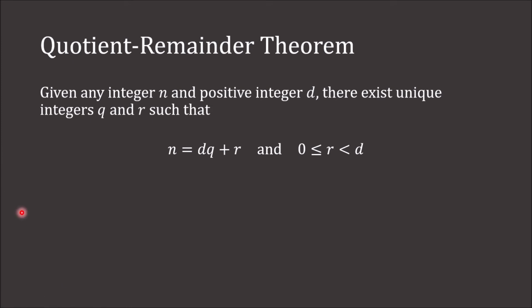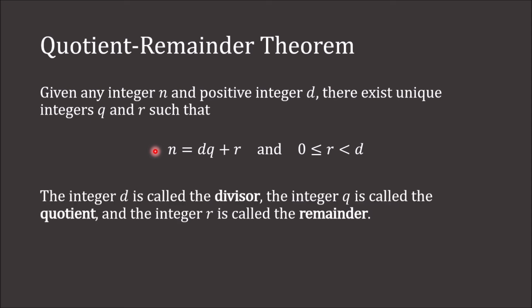The Quotient-Remainder Theorem states that if we are given any integer n and any positive integer d, there must exist unique integers q and r such that n is d times q plus r, and 0 is less than or equal to r, which is less than d. The integer d is called the divisor, the integer q is called the quotient, and the integer r is called the remainder.